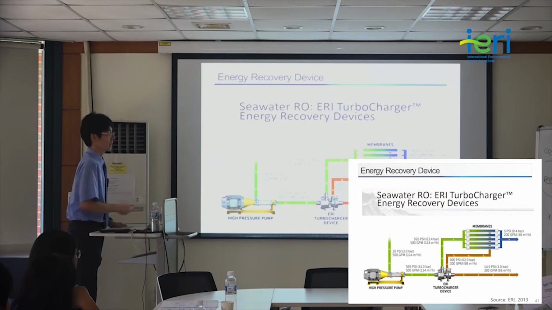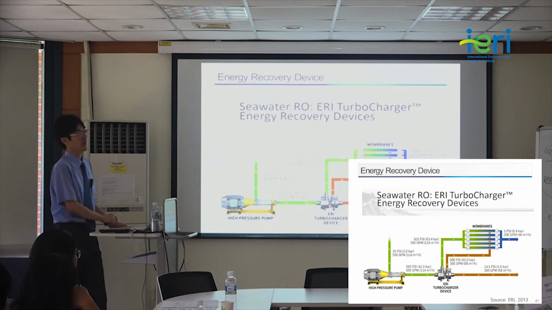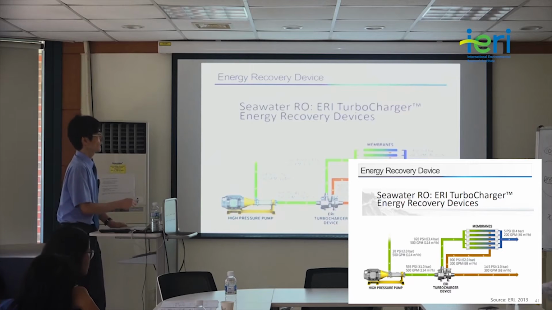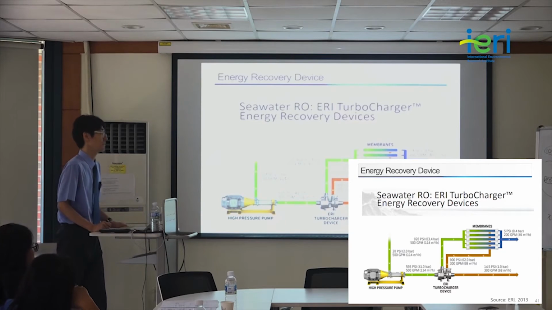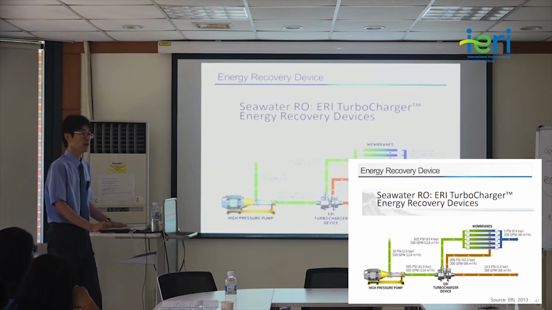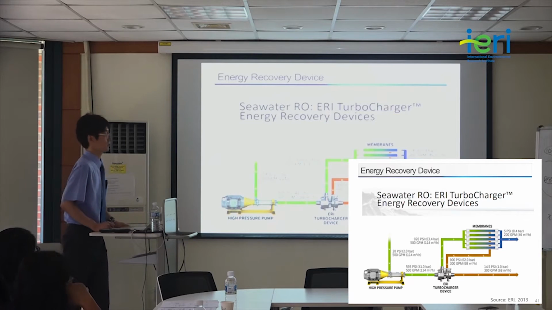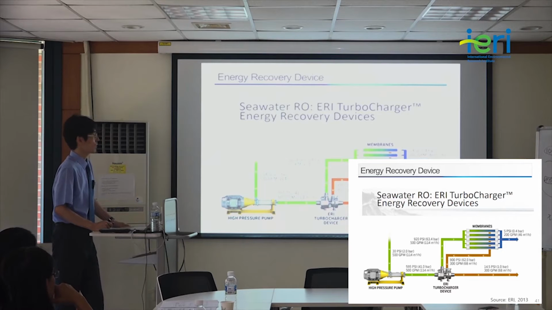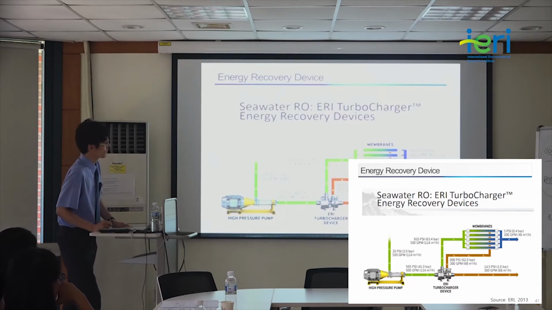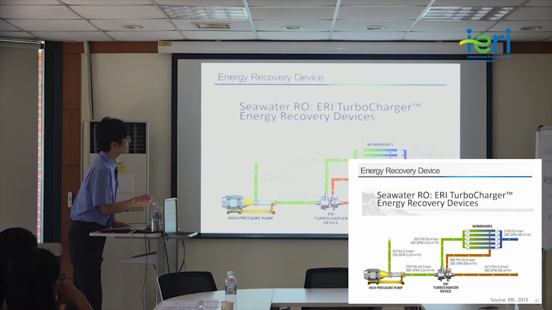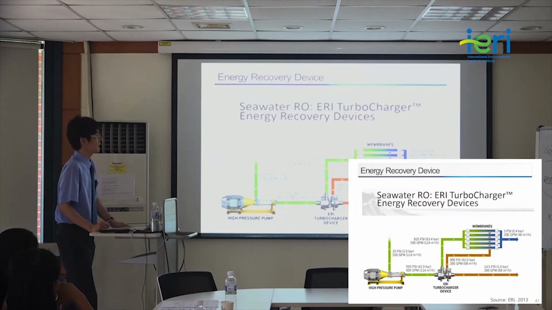So in this case, there is no conversion from hydraulic energy to mechanical energy. In this sense, the turbocharger is more efficient than the Francis turbine or Pelton wheel. So it's a better device than the previous energy recovery devices.